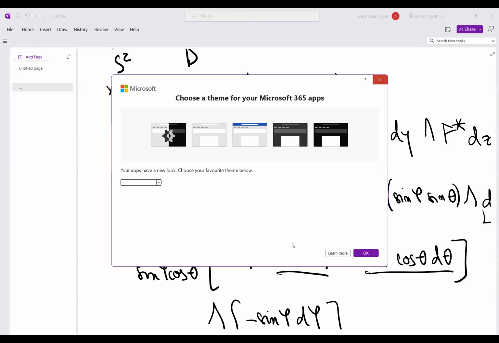I don't know if something's wrong again. Something's wrong with OneNote. Maybe now it works. Okay, here we are.